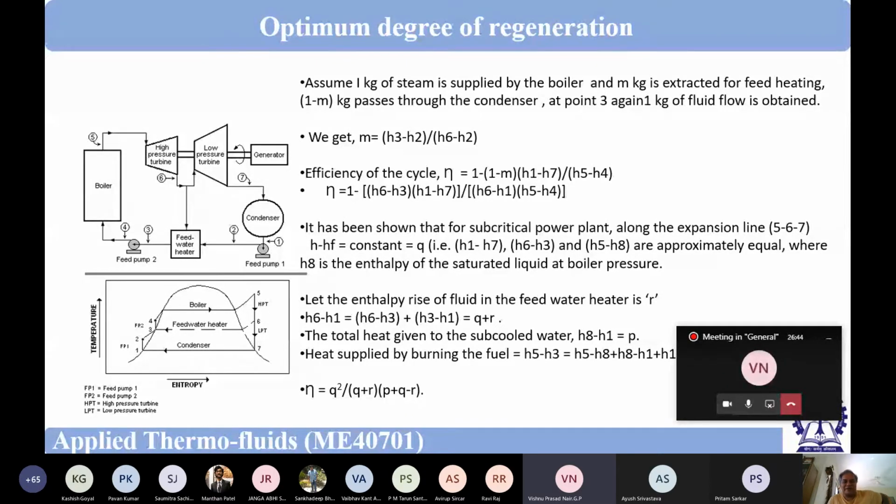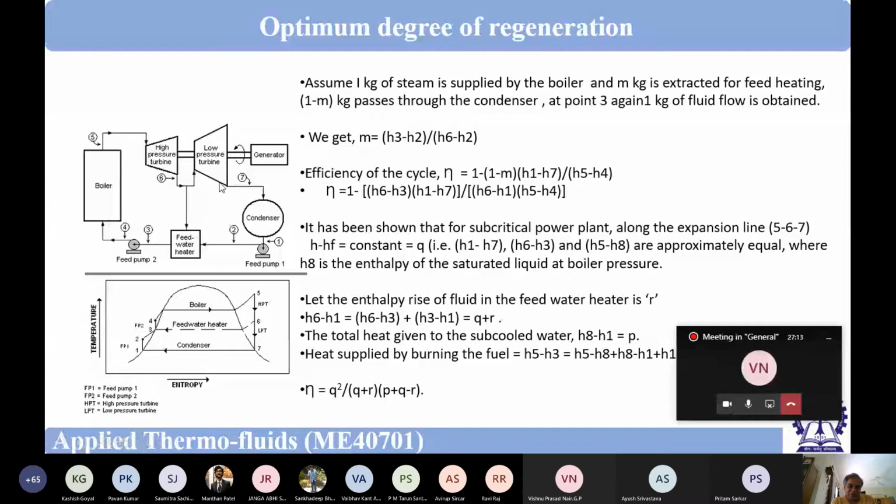So whenever you are talking about ideal regeneration, people have thought about how it can be done. So they have thought of a process. Let's say steam is expanding in the turbine, and let us put a jacket outside the turbine. And whatever feed water you are getting from the condenser, you send it in the opposite direction through this jacket.